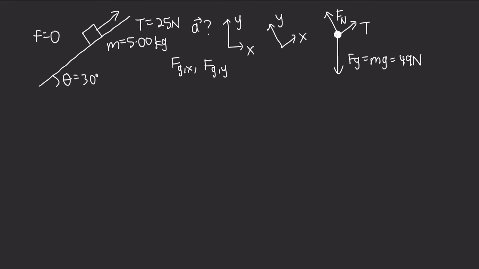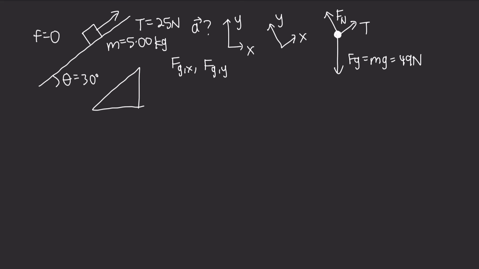Okay, so we need to find an expression for the component of the force of gravity in the x-axis. We're going to start with a given angle of the plane and work our way to a triangle of the force components. So here is a simplified representation of the plane again.